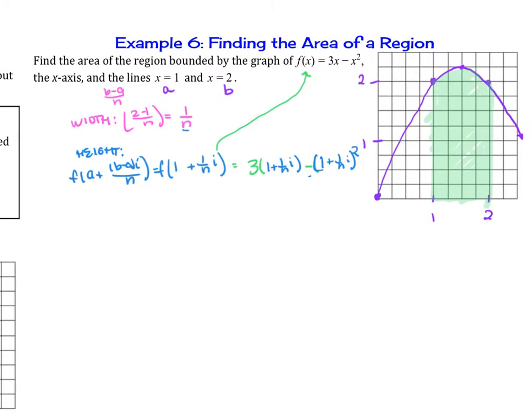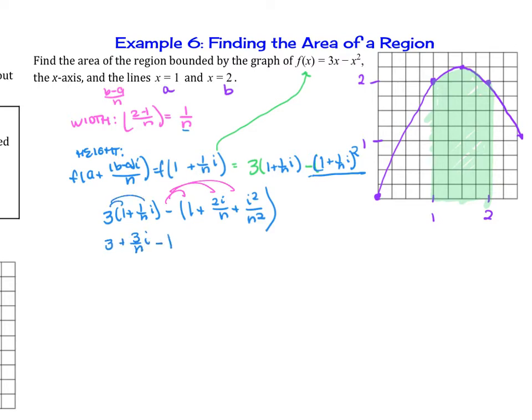So let's continue to simplify. We'll simplify this side. We're going to square that first. So this is going to be 3 times 1 plus 1 over n i, minus 1 plus 2i over n plus i squared over n squared. And then now if I distribute this negative and then just combine like terms where I can, this is going to be 3 plus 3 over n times i minus 1 minus 2i over n minus i squared over n squared.